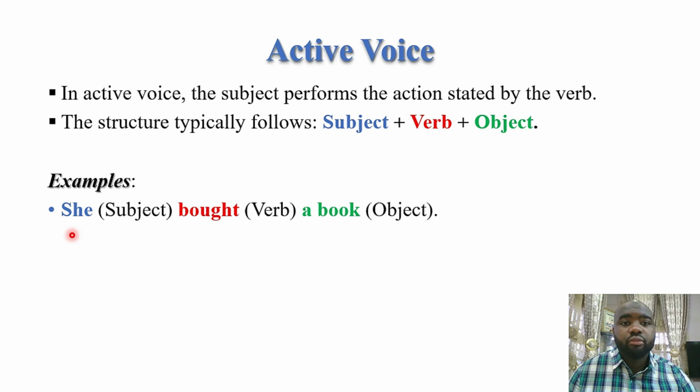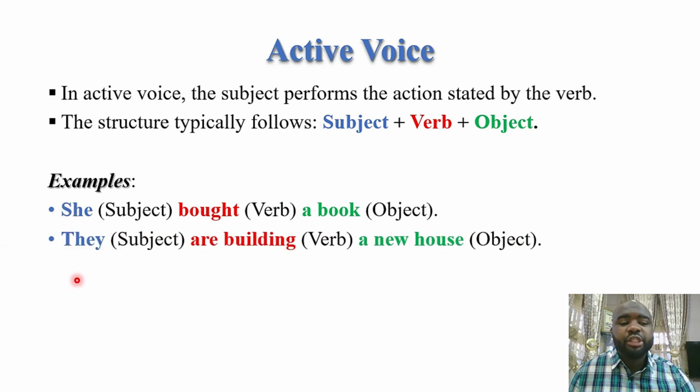Who bought the book? She. So here the emphasis is on she. Another example is they are building a new house. The emphasis in this structure also is on the subject, they.